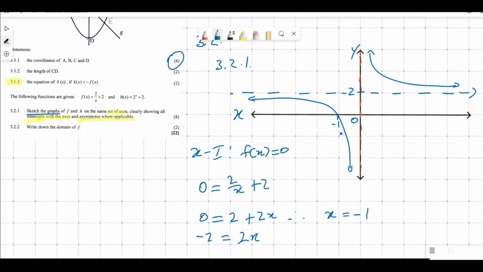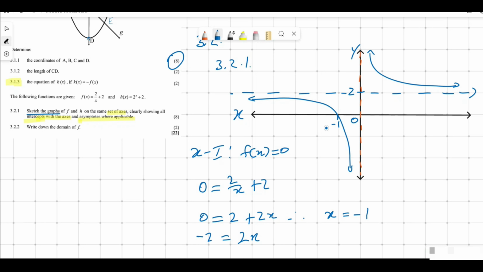Look at my drawing. You see, it's very accurate. Do you see it? So whenever you do a sketch, try to make sure that your x-intercepts are very accurate. Thank you.